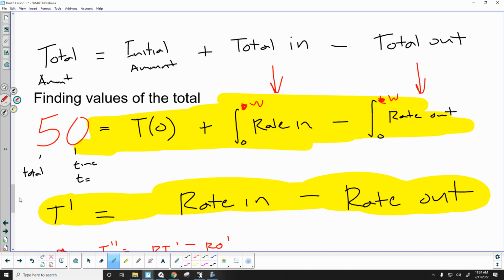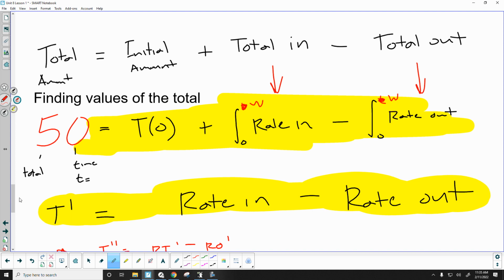Graph y equals this side, graph y equals that side, find the intersection. Okay, that's more realistic. Unfortunately, I can't take the antiderivative of sine t squared over 35. Can't be done. You guys don't know how to do it. You could take the antiderivative of d, but let's not waste our time. Okay? Done. I'll call it. All right?